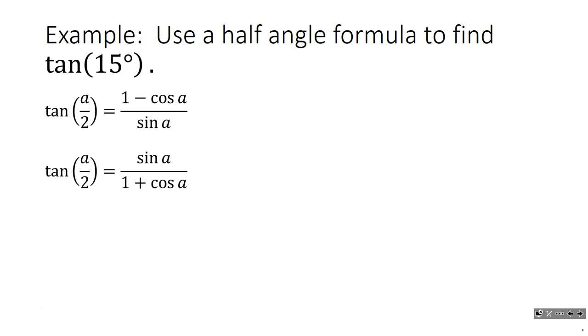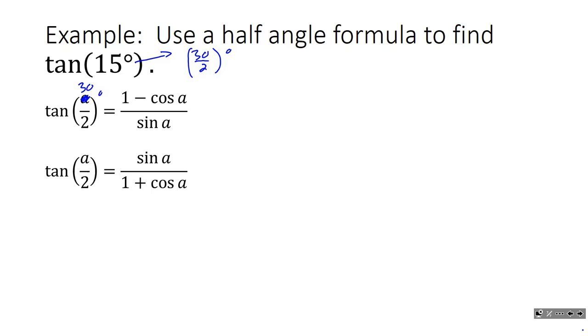You don't have 15 degrees specifically mentioned. The way we can use a half-angle formula to find an exact value is we can think that 15 degrees is half of 30. Okay? What that means then is that in the formula, A would be 30. 30 over 2 in terms of degrees would equal 15.